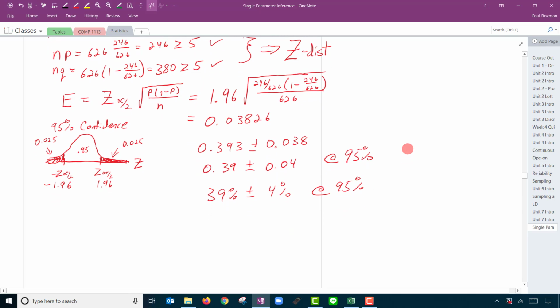Or maybe you'd like to write it in interval notation: 35% is less than pi is less than 43%. It's weird to keep writing percent, and then say at 95% confidence. Sometimes people will write, instead of 95%, 19 times out of 20.